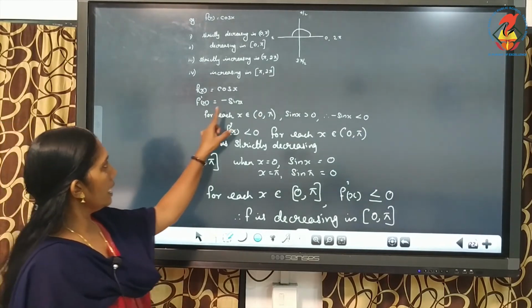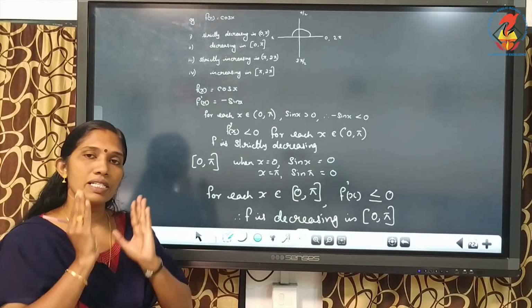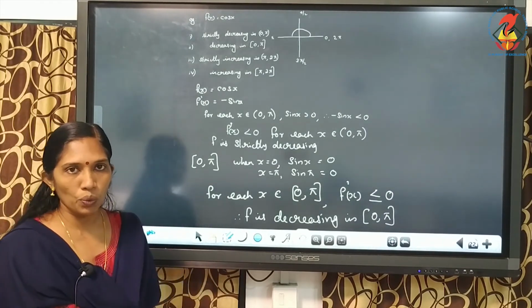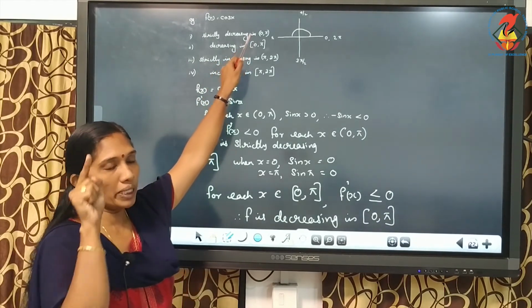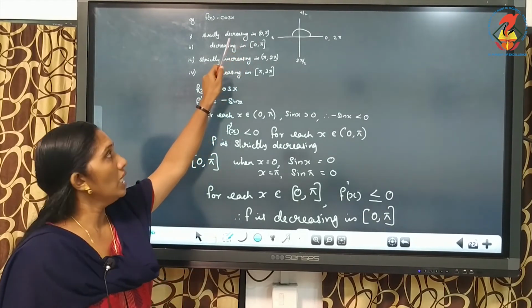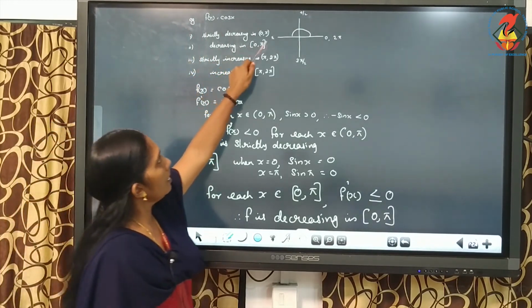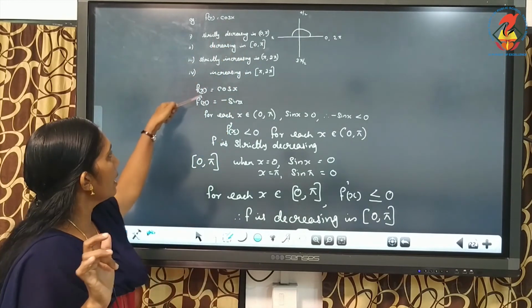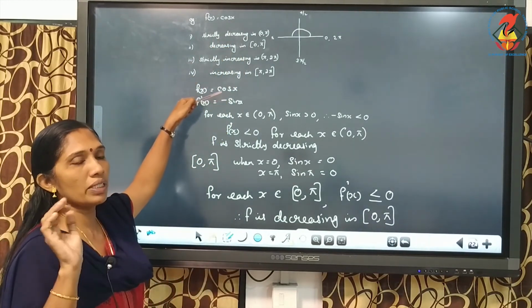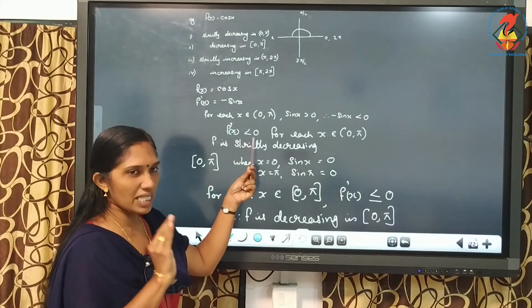First we find the derivative. F dash x is minus sin x. Sin x is positive in the first and second quadrant, and strictly decreasing is always given for an open interval, so we never consider 0 and pi. In between, in the first and second quadrant, sin function is positive, but derivative is minus sin x, so it is always negative. F dash x is less than 0.